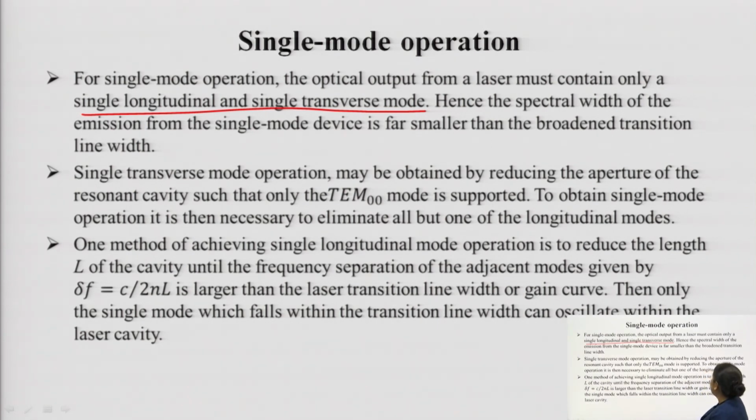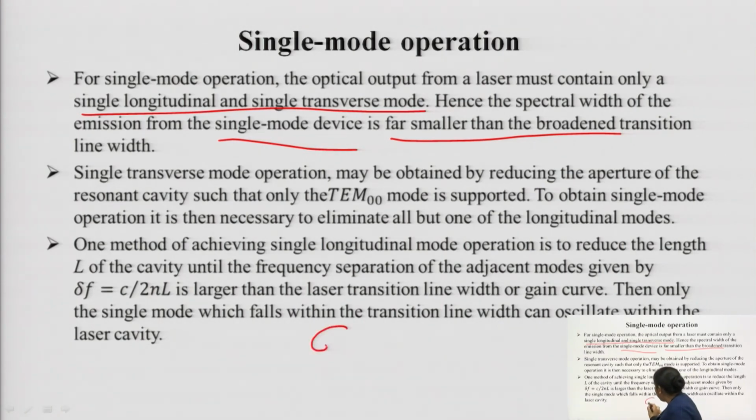Hence, the spectral width of the emission from a single mode device is far smaller than the broadened transition line width. The spectral width, normally denoted by sigma lambda, is much smaller than that which exists for the multi-mode device.